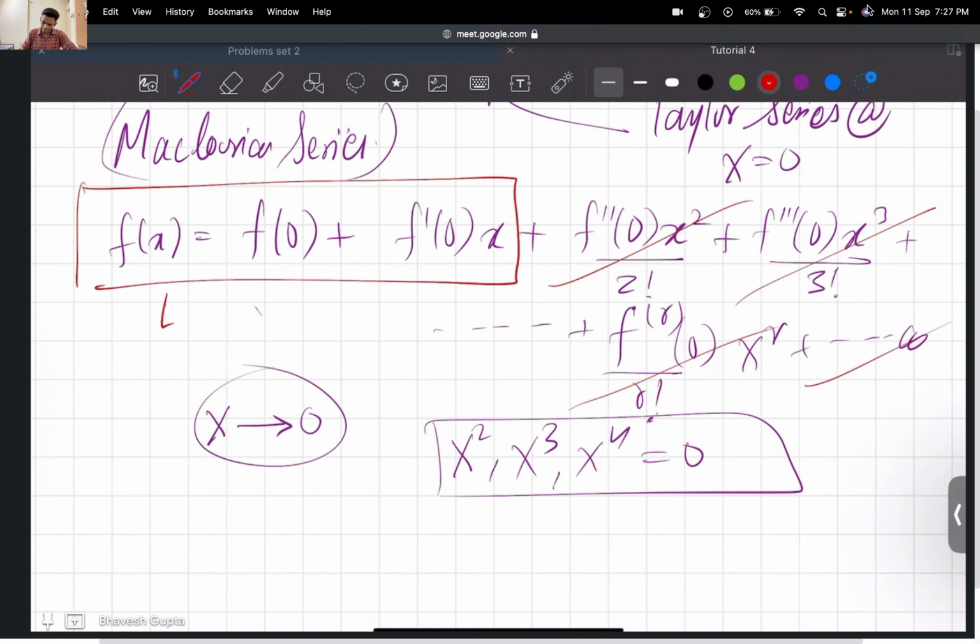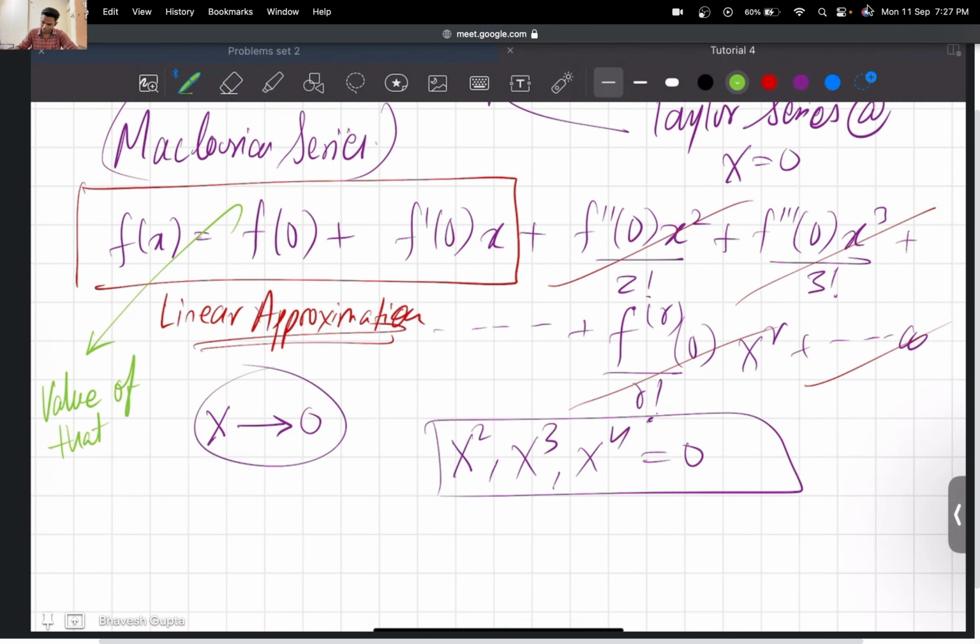That's what a linear approximation means. In order to do the linear approximation, you just need to know two things. The first thing you need to know is the value of the function at x equal to 0.